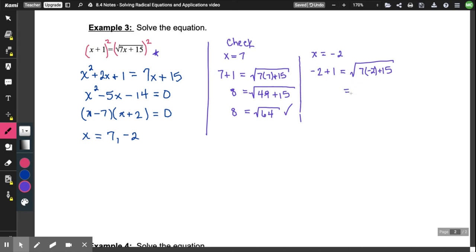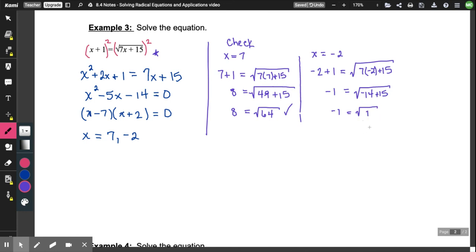So again, I've got things to simplify on both sides of the equation. Negative 2 plus 1 is negative 1. On the right side, I've got 7 times negative 2, which is negative 14, plus 15. Then I need to simplify what's inside the radical next. So negative 14 plus 15 is a positive 1.